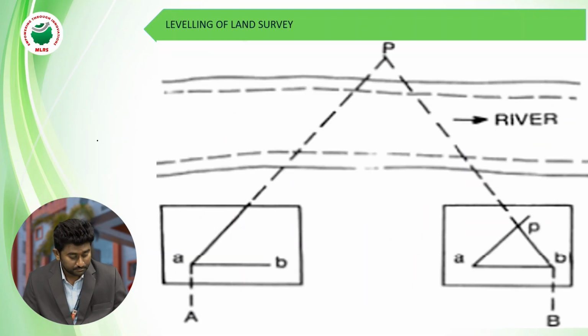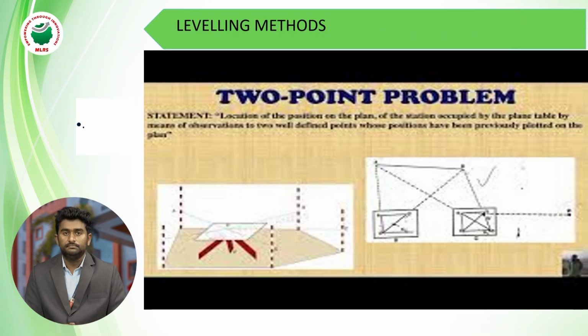Next, coming to the two-point problem. Among the radiation method, intersection method, the third one is the two-point problem method in plane table surveying. The two-point problem method is used for a day-to-day orientation survey on that land. Day orientation means a continuous survey on the land: day 1, day 2, day 3, a continuous process.